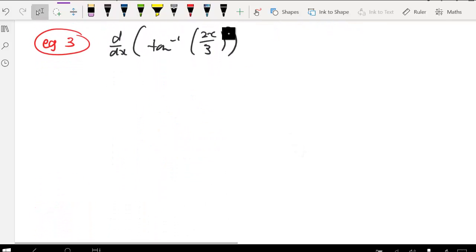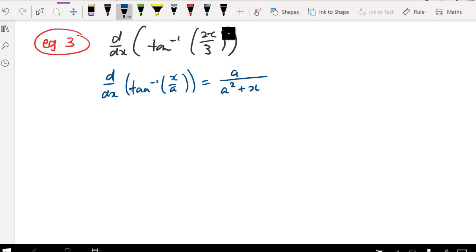Okay, so when we get to the next example, we're going to see that it's a chain rule again. So we've got 2/3 this time. So we know that d/dx of arctan x on a is equal to a over a squared plus x squared.